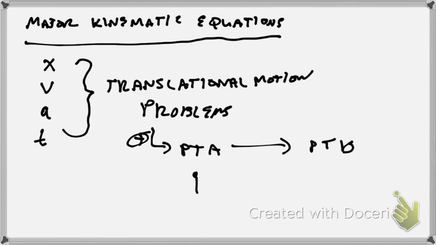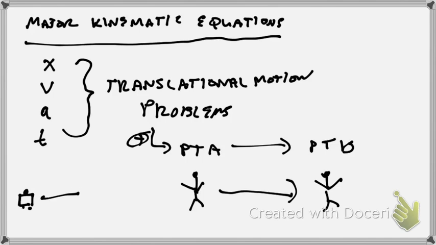Thinking about a person walking from point A to point B, or a car traveling from point A to point B. So point A to point B. That's translational motion, okay? Those are the type of questions that you're going to see in any translational motion problem, all right?